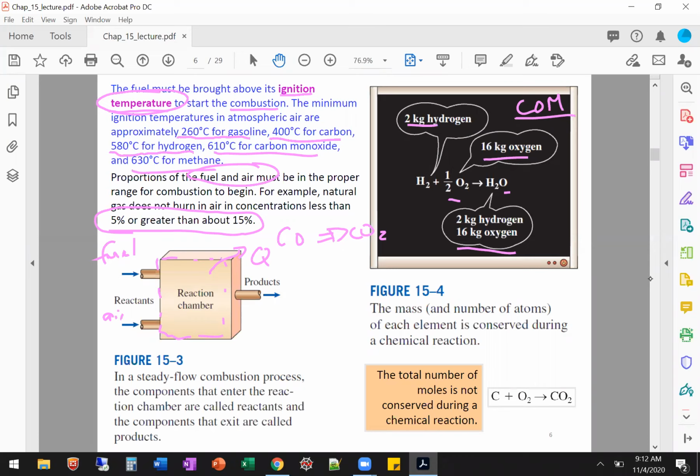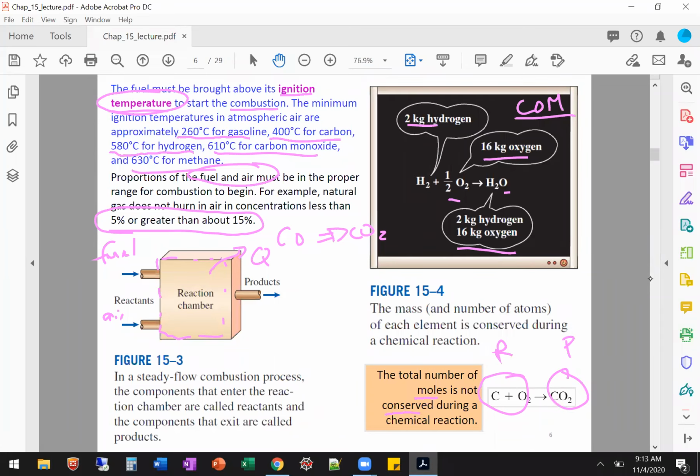But when you have a reaction, the moles are not conserved, okay? When we did chapter 13, we set up that table for a mixture, and we utilized that the moles were kind of conserved a little bit, because we could look at the reactants and what that mixture is, and then look at the products and what that mixture is.